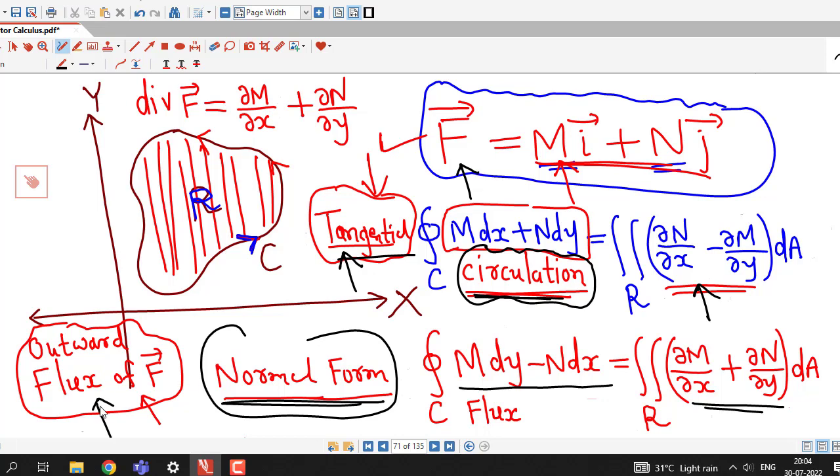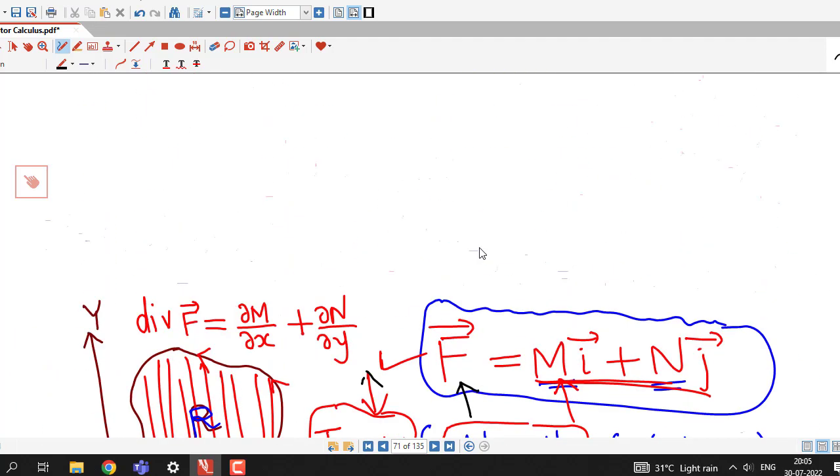Sometimes they ask you to find out outward flux of a vector field f bar. In that case you have to use normal form of Green's theorem, and sometimes they ask you to find out circulation of a vector field f bar. In that case you have to use tangential form of Green's theorem. And if they ask you to obtain the value of line integral and they don't specify any physical terms like circulation or flux, then you can use either normal form or tangential form.